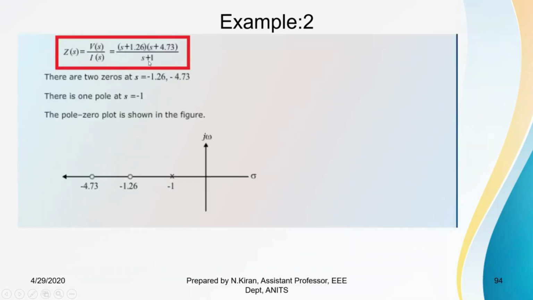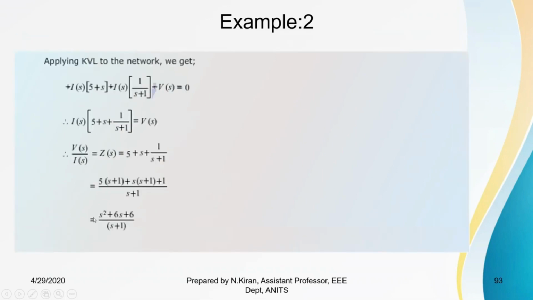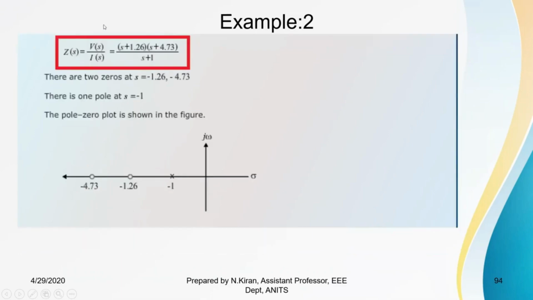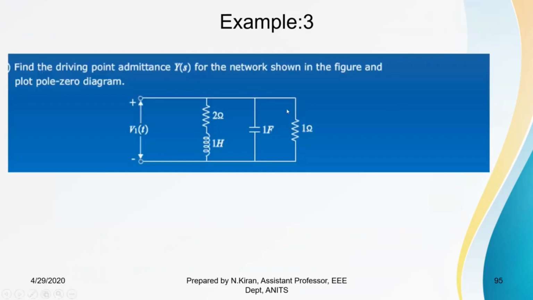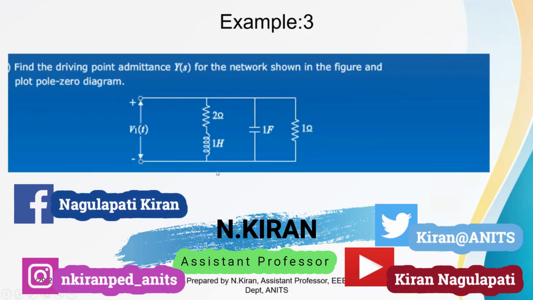From this expression, if I find the roots of the numerator, the poles are located at -1 and the zeros are located at -1.26 and -4.73.